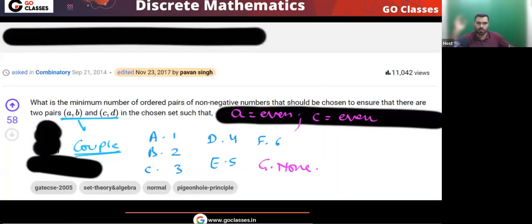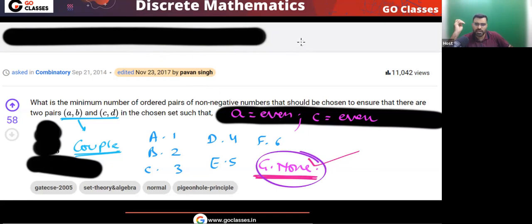Did you understand the pigeonhole principle with this example? With this example, did you understand that this type of couple we can never guarantee? Is this point clear? So the answer will be none.